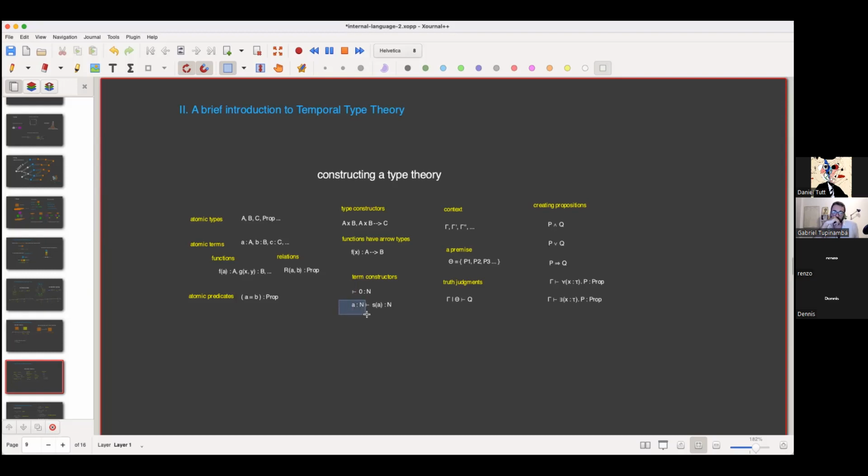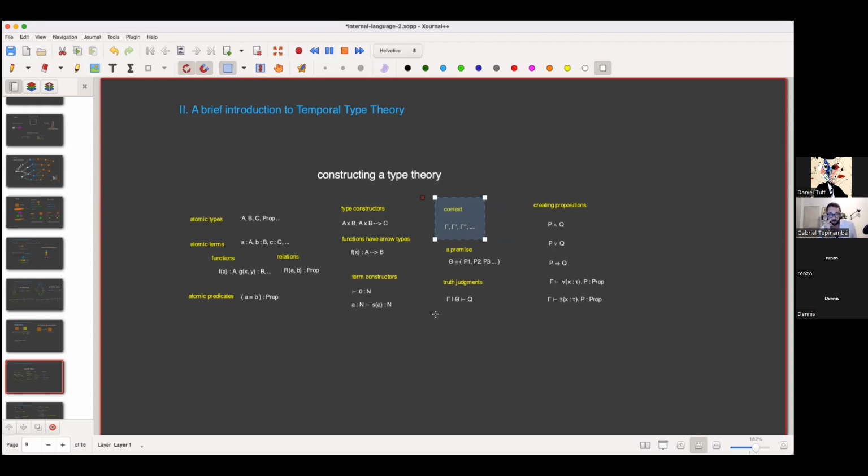And then if you give me any number A, I'll give you another number, S of A. So it's a little Peano machine for making numbers. And usually on the left-hand side of this turnstile, we have something called a context, which is just a list of variables.